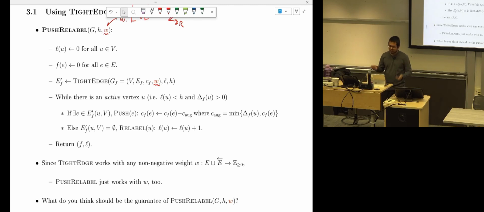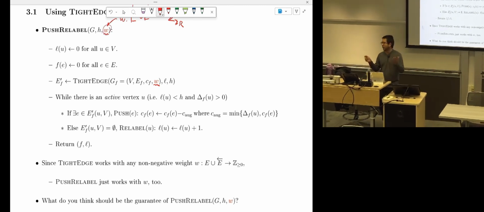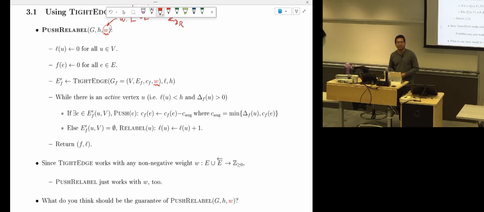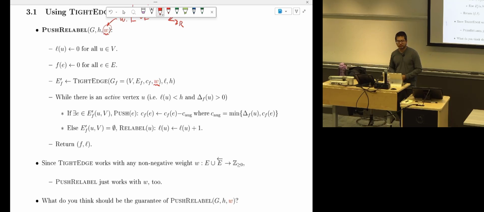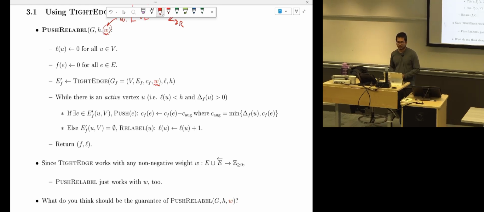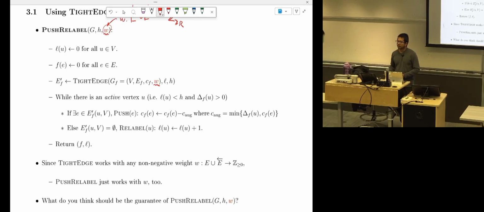Now, if the weight is w, what would be your guess? What's the guarantee? Any guess? Does it need to be like the sum of the weights or something like that?